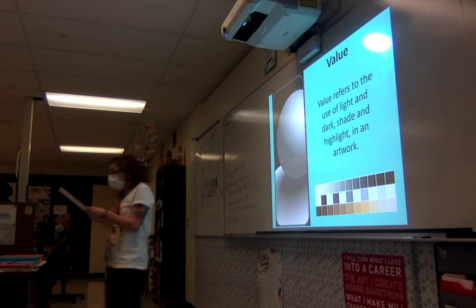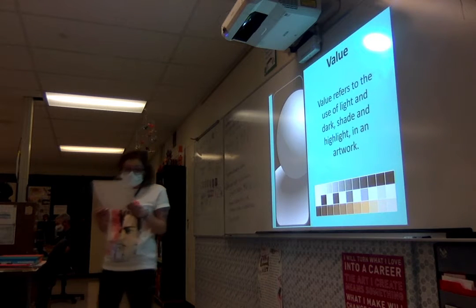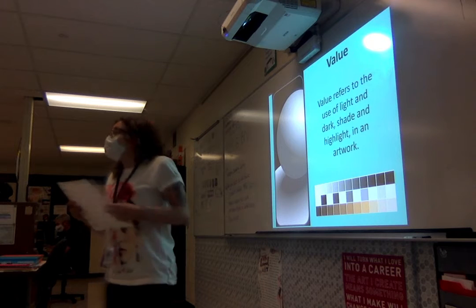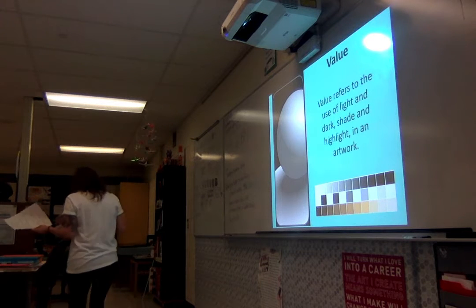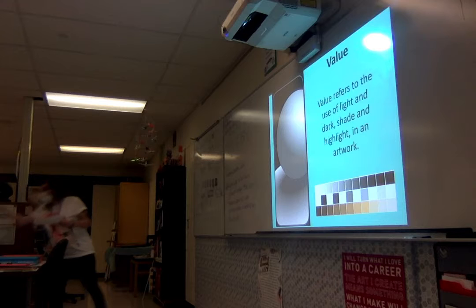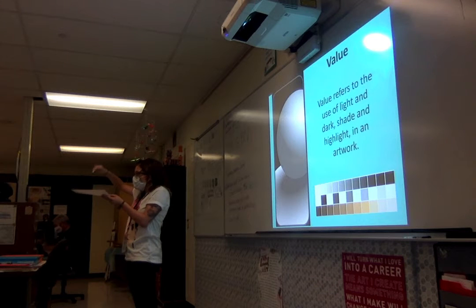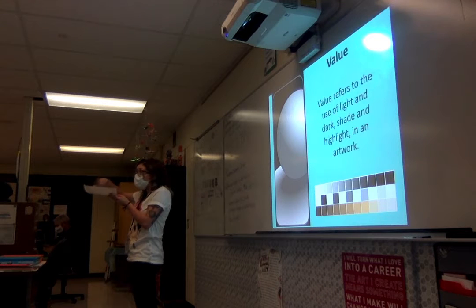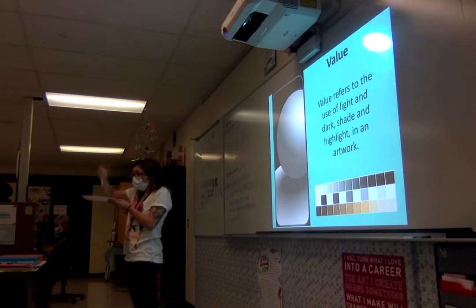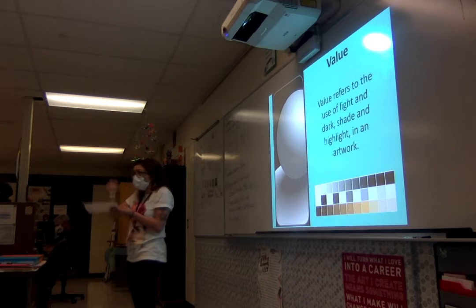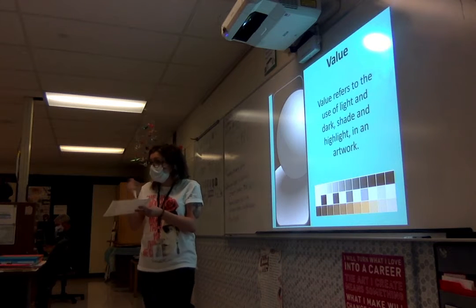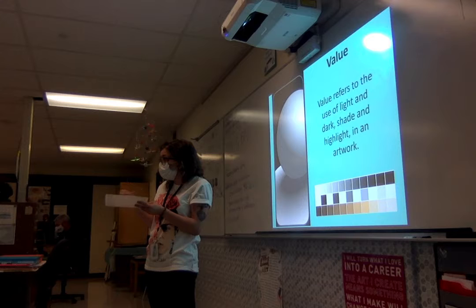Then the easiest way that I have found to do value, do you remember how Miss K always talks about when you're using colored pencils or markers? You put your hand towards the back, put your pencil on the side, and draw very lightly, rather than going straight up and down and scratching all over the paper. Remember how she talks about this?